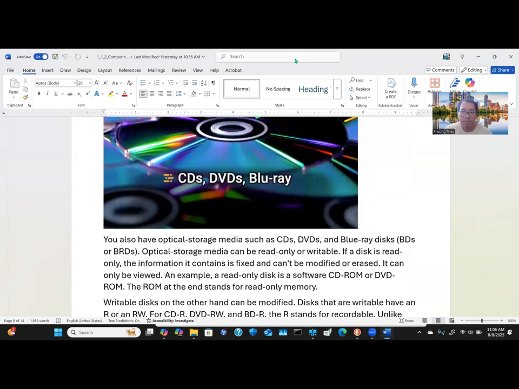But these days, if you try to buy a laptop, there are only ports to insert USB and other cables, because these days you can find a lot of data and information online, and you just need to download all of that data to your computer. So that's why you may not see a lot of laptops these days provide a place where you can insert CDs, DVDs, or Blu-ray discs anymore.